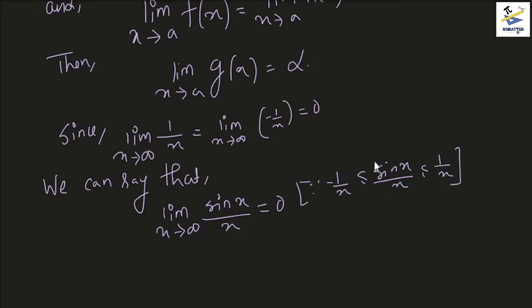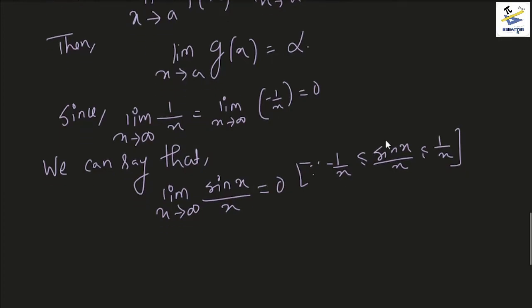Since sin x by x is basically sandwiched between -1 by x and +1 by x, that would actually solve this problem. So as I said, this is not like a regular problem, but problems like this would be very much evident.